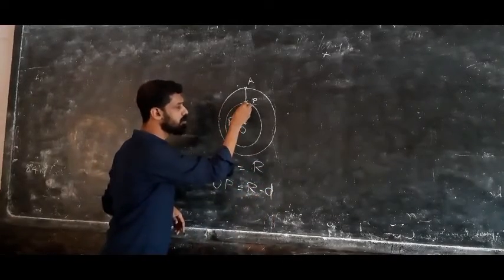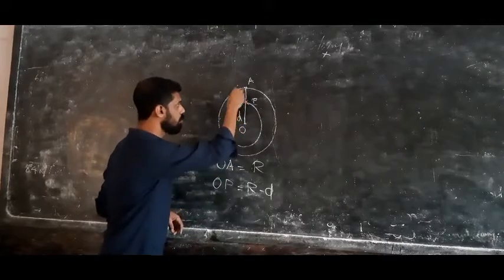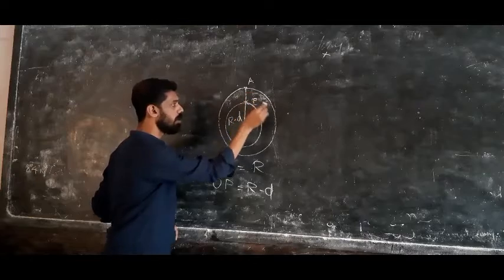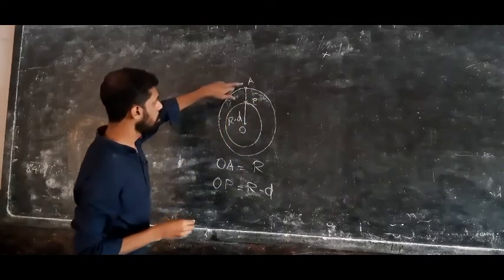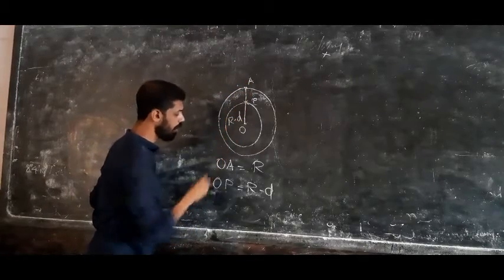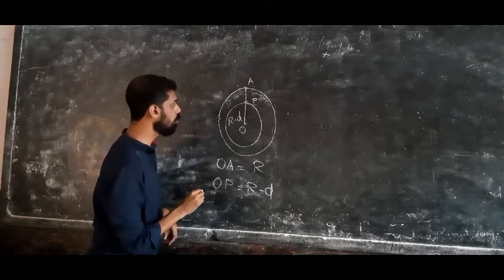Now it has reached another point known as P. So this much distance it has traveled, and the remaining is this portion. The radius of the Earth is represented by OA, OA equal to R, which is our radius of the Earth.